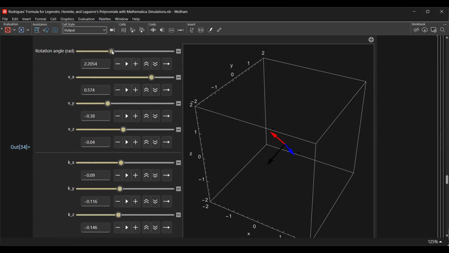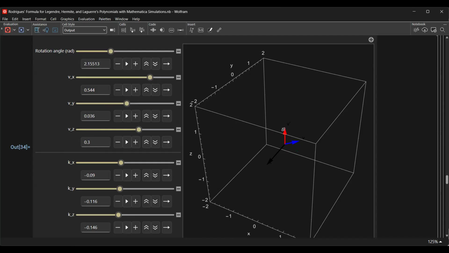For example, we adjust the angle here, and can also adjust the x component of the given vector. So this is the given vector, here in color blue.